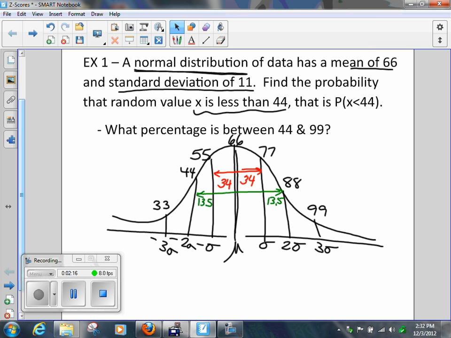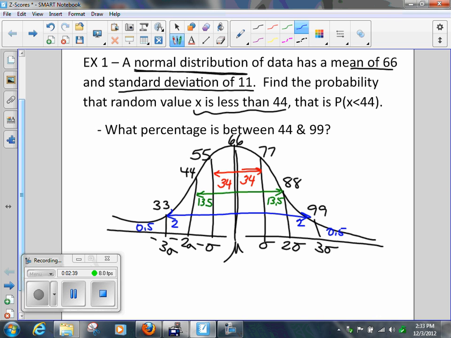And then from 33 to 99, that represents 99%, which means this is 2%, this is 2%. And over there in those extremes, you've got 0.5% and 0.5% over here, okay? Now, as long as you know those little numbers, you're good to go.